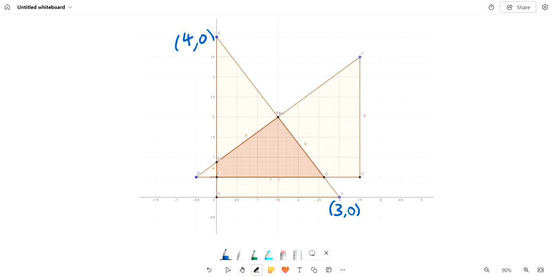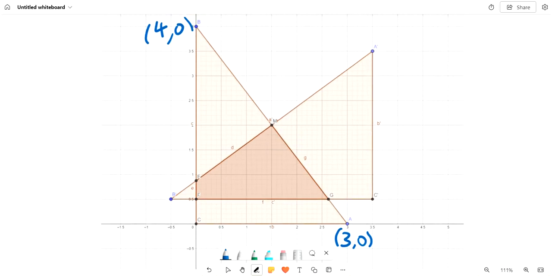And so the midpoint would just be the average of the y value and the x value. So 3 over 2 would equal 1.5. So the first coordinate would be 1.5. Second one would be 4 over 2, which is 2.